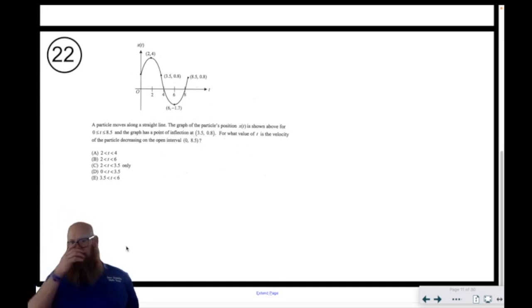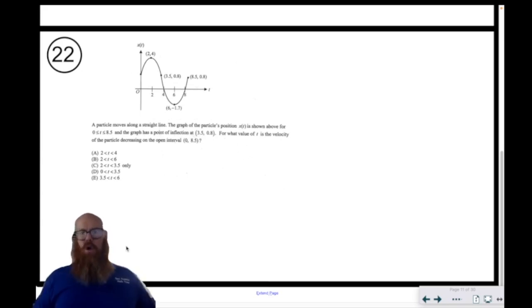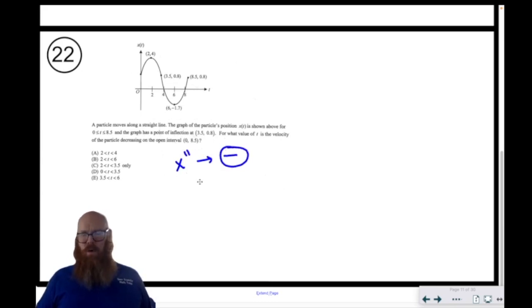Well, let's think. Velocity is already the rate of change, and decreasing is the rate of change as well. So it's really talking about when the velocity is decreasing. That's when the acceleration, or the second derivative, we're going to call it x double prime, is negative. That's what we're looking for.